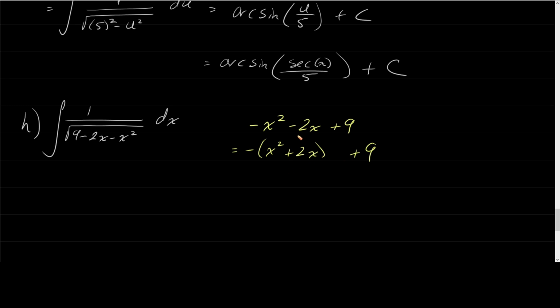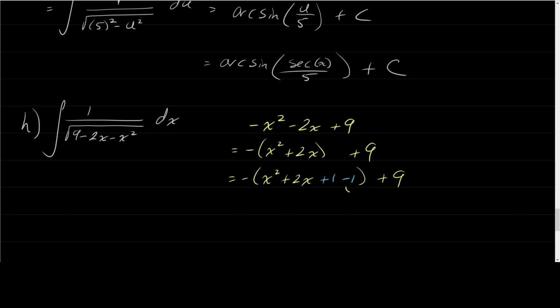And now we're going to use this 2 to add 0. We take 2 divided by 2, which is 1, and we're using that 1 to add 0, so I do plus 1 minus 1, and then we still have this plus 9 on the outside of the parentheses.